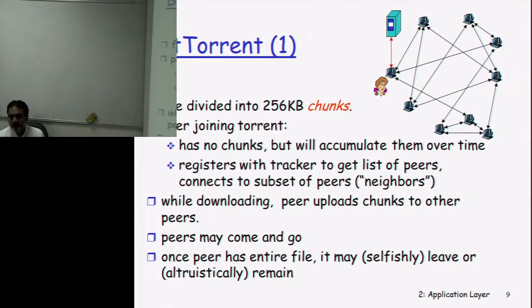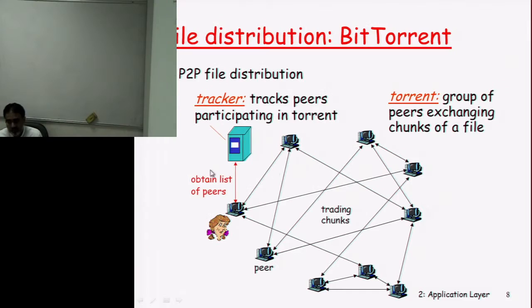Clear? So first of all, the peer who is joining the torrent will register with the tracker. If this is a new peer that joined this torrent, it will immediately register itself in the torrent. So its name will be added in the list of the peers available in this torrent. This is the purpose of registration.